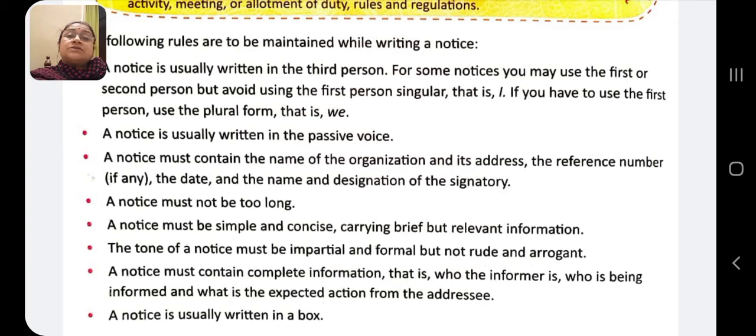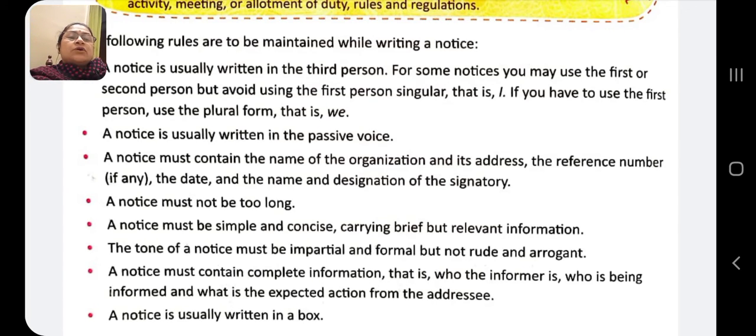A notice must not be too long. Mostly, a notice should be completed within 40 to 50 words. A notice must be simple and concise, carrying brief but relevant information. Keep it in mind, it should be short, but all the information should be there, and it should be concise and precise. It should not be lengthy, but it should be informative. The tone of the notice must be impartial and formal, but not rude and arrogant.